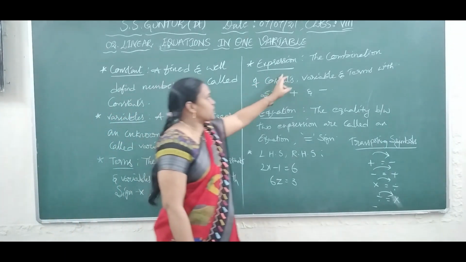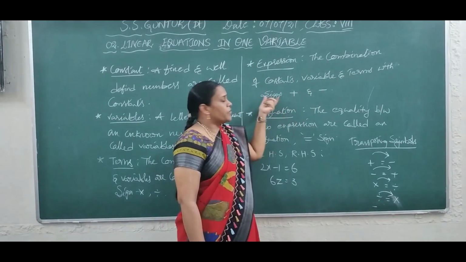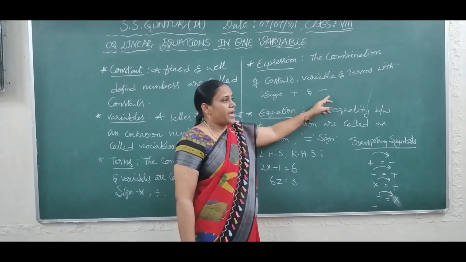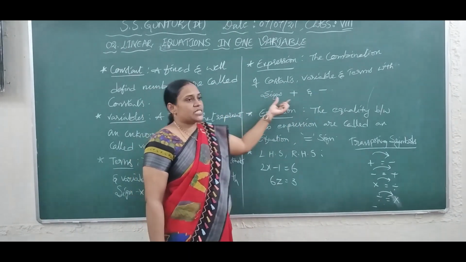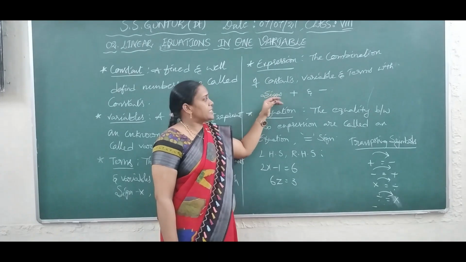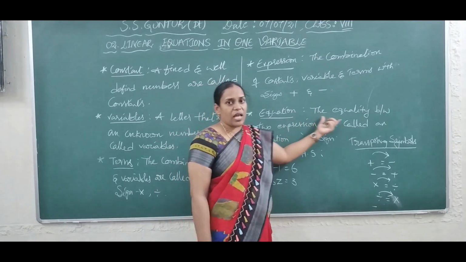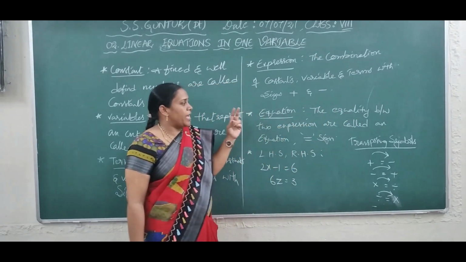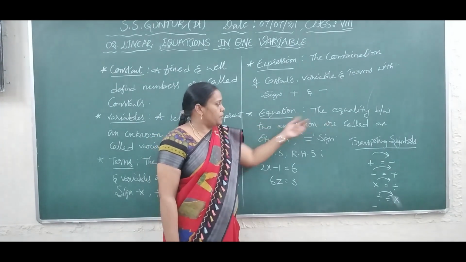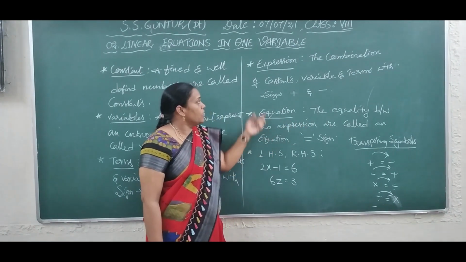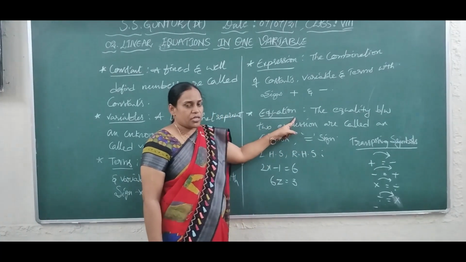Expression. What is an expression? The combination of constants, variables and terms with the sign plus and minus gives an expression. For example, 2x plus 3 is an expression. 3z is an expression. Equation. The equality symbol between two expressions we call an equation. If an equal sign is there, then it is called an equation.